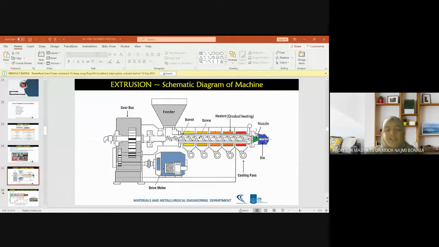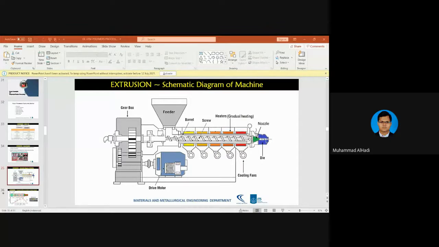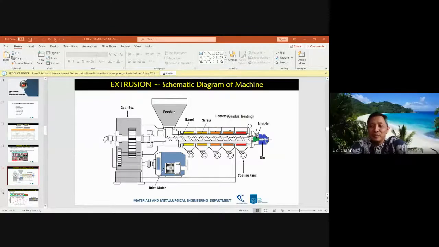So, Dr. Sigit, can you comment on this? Okay. So the polymer in this case becomes the agent or template to make a nanofiber of metal oxide. Yes, I think so.